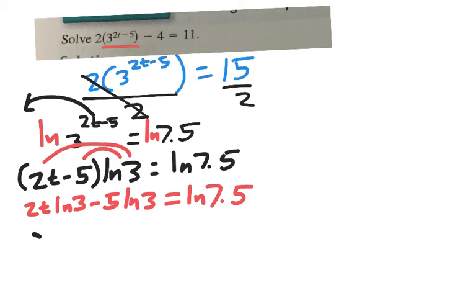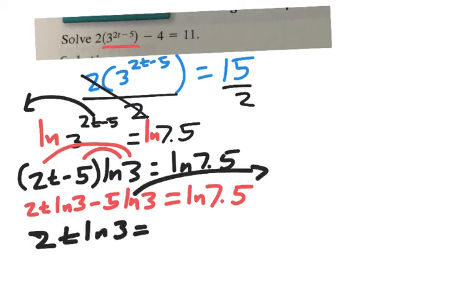Now I've got 2t natural log of 3 equals, I'm going to move this over and make it positive. So I've got the natural log of 7.5 plus 5 times the natural log of 3.